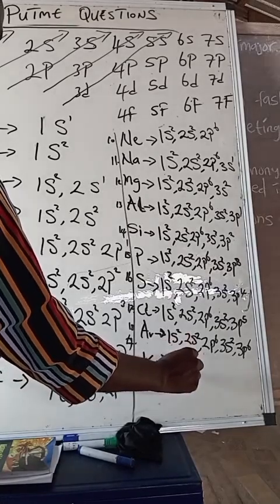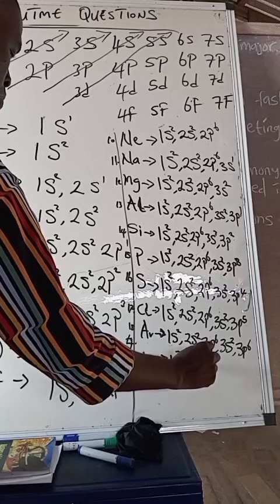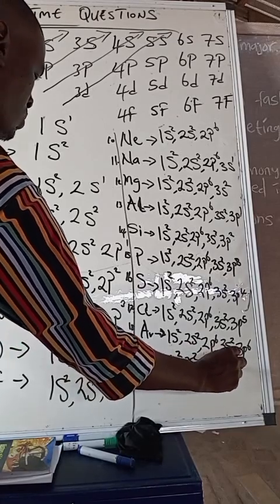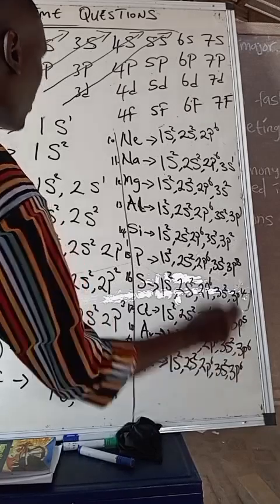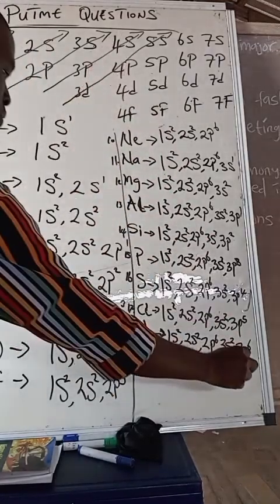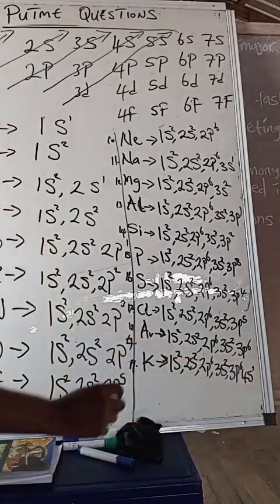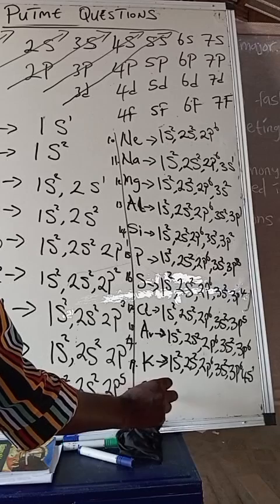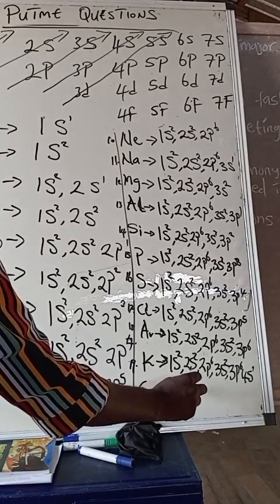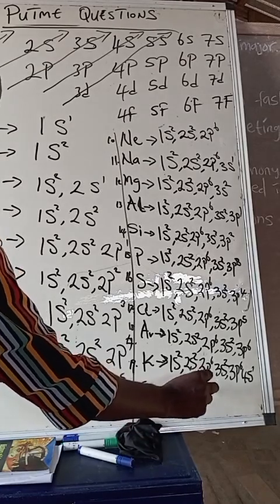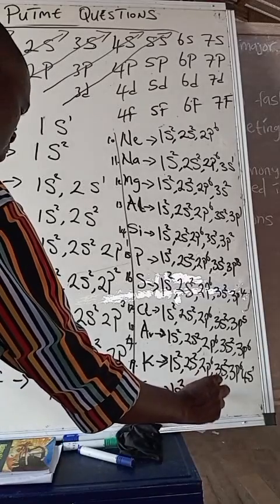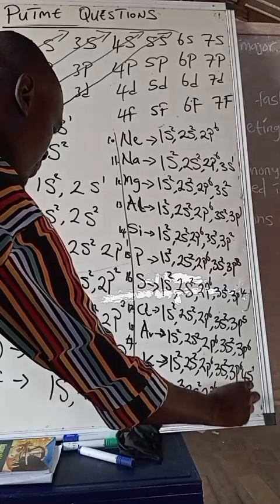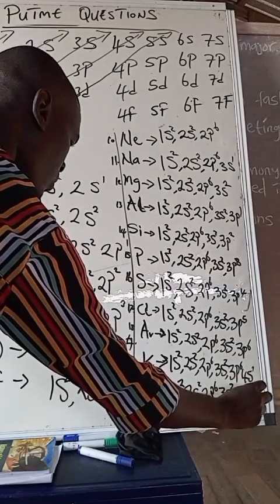The 19th element, potassium, is 1s2 2s2 2p6 3s2 3p6 and 4s1. Then the last element in the 20 elements is calcium: 1s2 2s2 2p6 3s2 3p6 and 4s2.